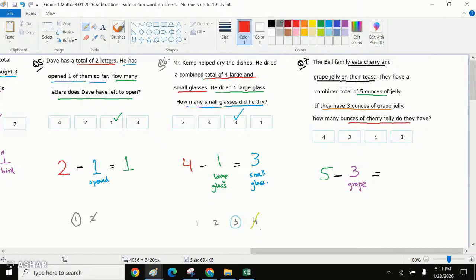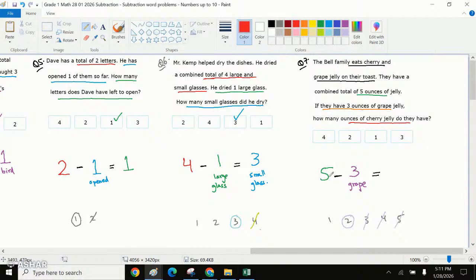That means if the total was 5 ounces, 1, 2, 3, 4, and 5. How many ounces were grape? 3 of the ounces were grape. Then we are left with these many ounces.